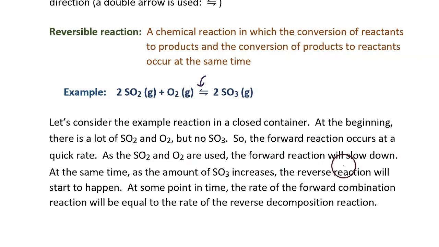Less concentration of reactants, slower reaction. At the same time, the amount of the product SO3 has been increasing. So the reverse reaction will start to happen. At some point in time, the rate of the forward combination reaction will be equal to the rate of the reverse reaction. That's equilibrium.